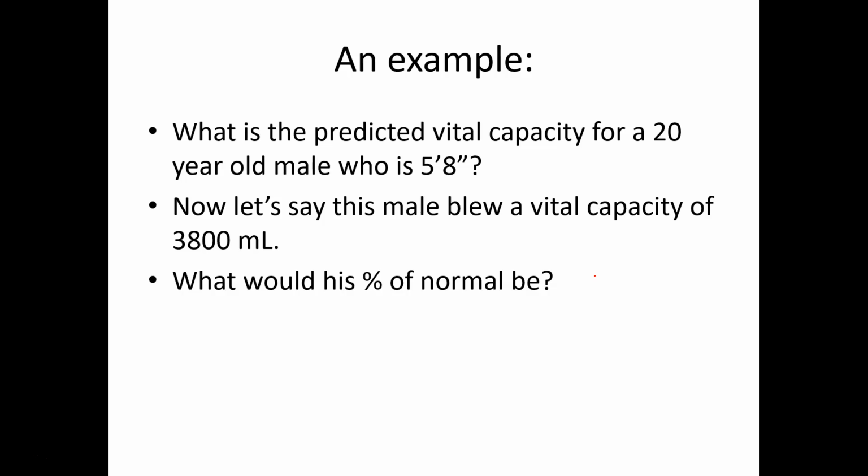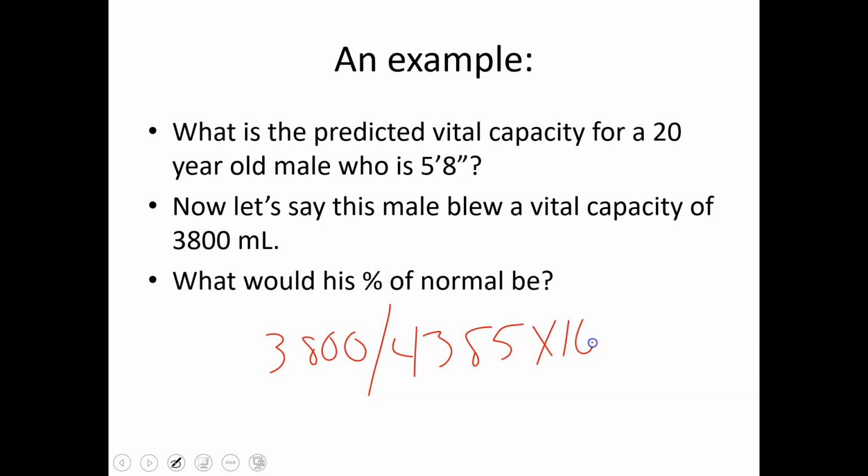In order for you to calculate his percent of normal, you have to take how much did he actually blow, divided by how much was he supposed to blow, which was again 4,385, times 100. If you put those numbers into a calculator, you'll see this dude is only blowing 86% of what he should be able to for a person of his age and his height.